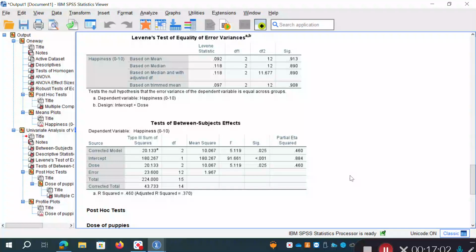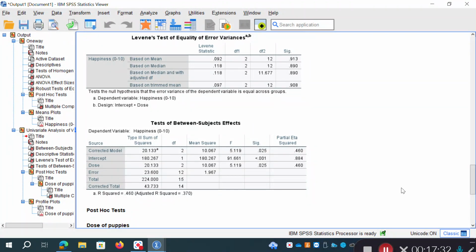But when I set it up, there wasn't the option to choose Welch's test. So if you ran your test this way and you wanted Welch's ANOVA as a well-established, more robust ANOVA test, you'd have to go back and run it the other way, using the Analyze, Compare Groups, One-Way ANOVA option that we did first.